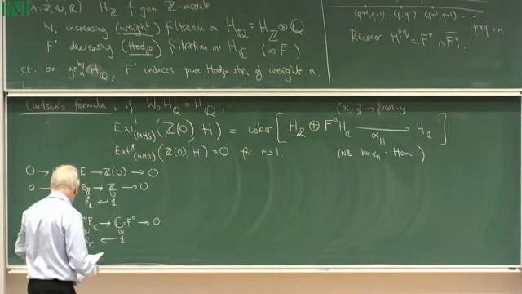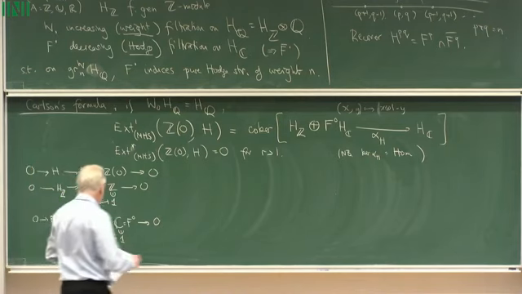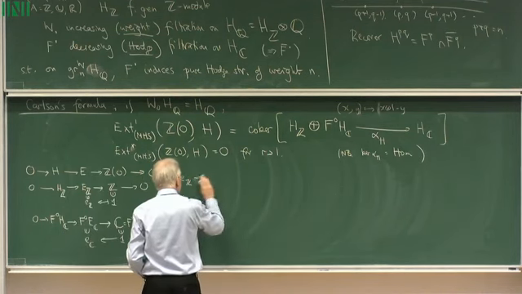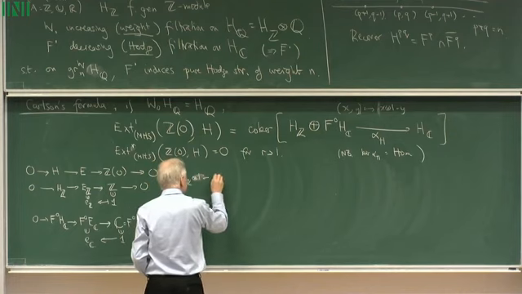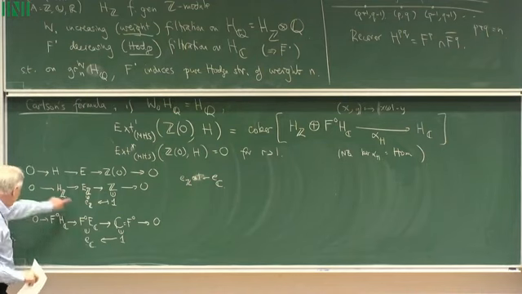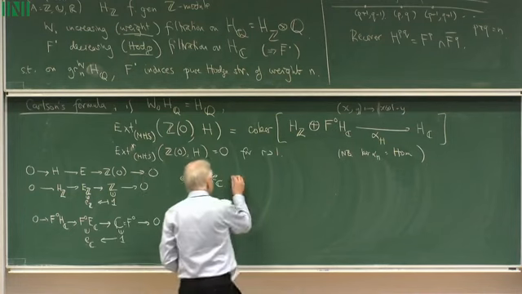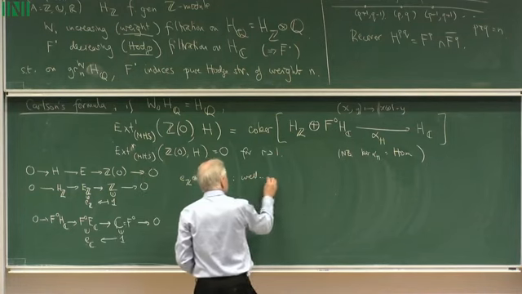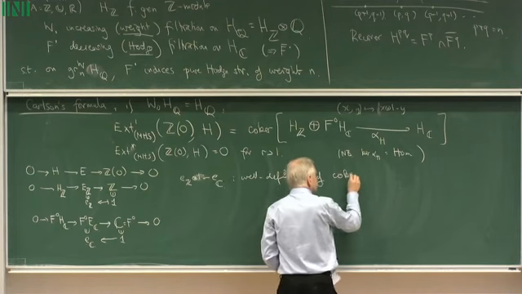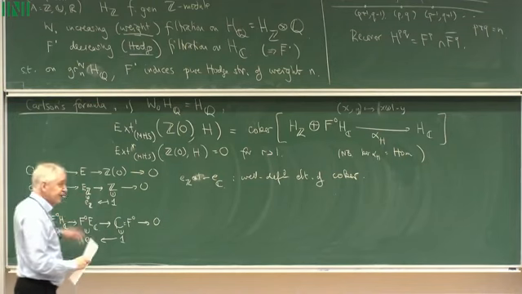In general, we can look at the difference. Since they both map to 1 here, the difference e_Z tensor 1 minus e_C is well defined modulo H_Z here and F^0 here. So it's a well-defined element of the cokernel, and it's 0 if and only if this extension is split.